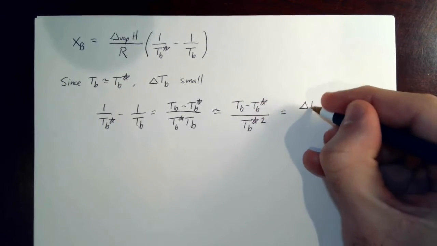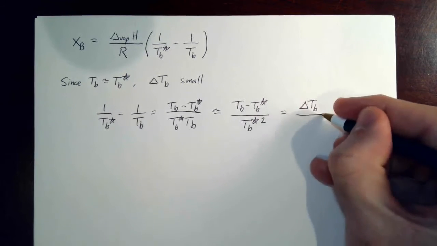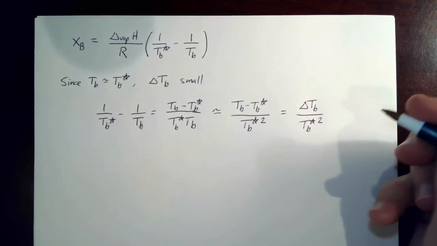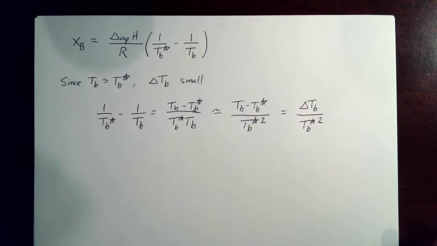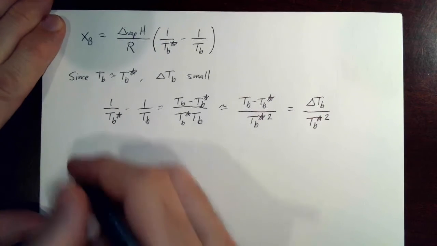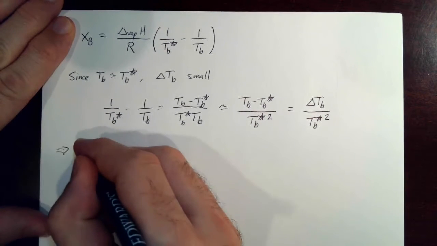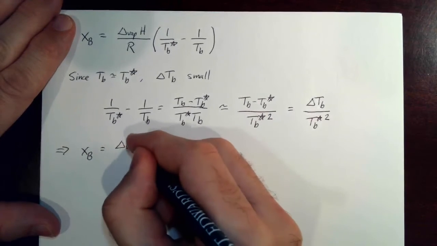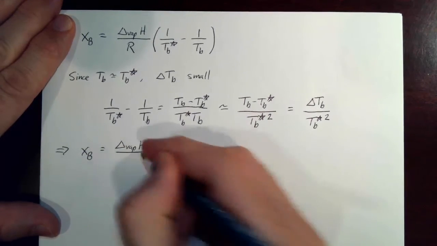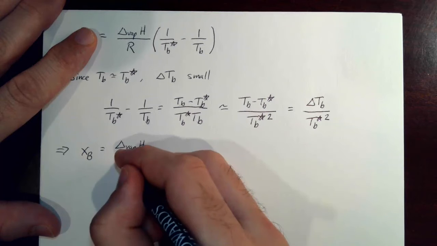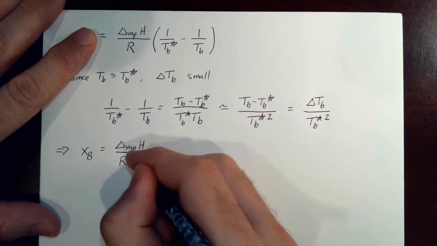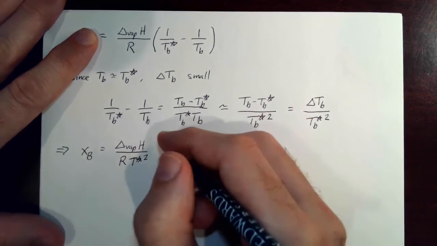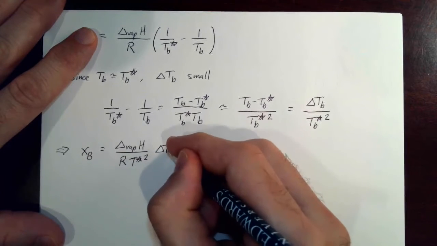So this is the change in boiling temperature over TB star squared. All right, so putting these pieces all together, we end up with xb is equal to the vaporization enthalpy over R TB star squared times delta TB.